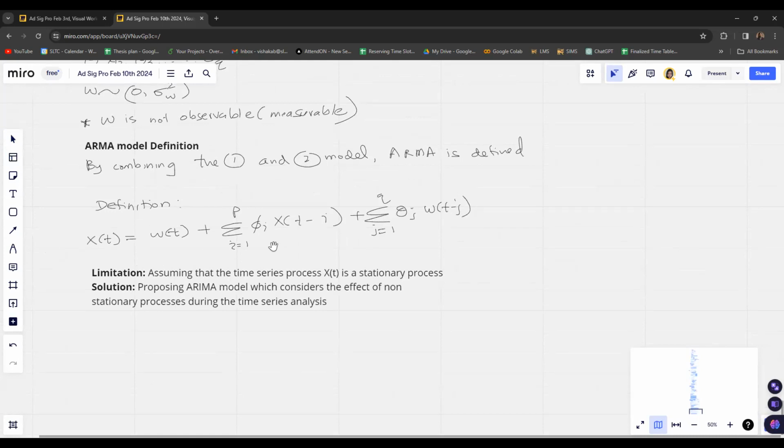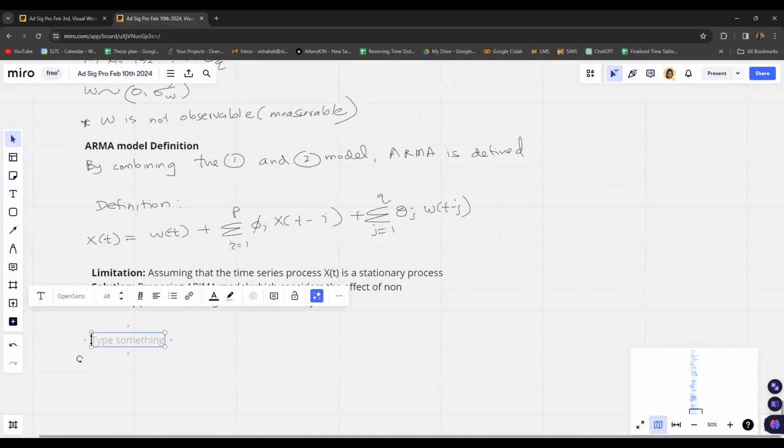So finding these parameters is the challenging thing. Finding these parameters can be done using estimation methods, as I mentioned. One such estimation method that we can use to estimate the parameters is the Yule-Walker method.